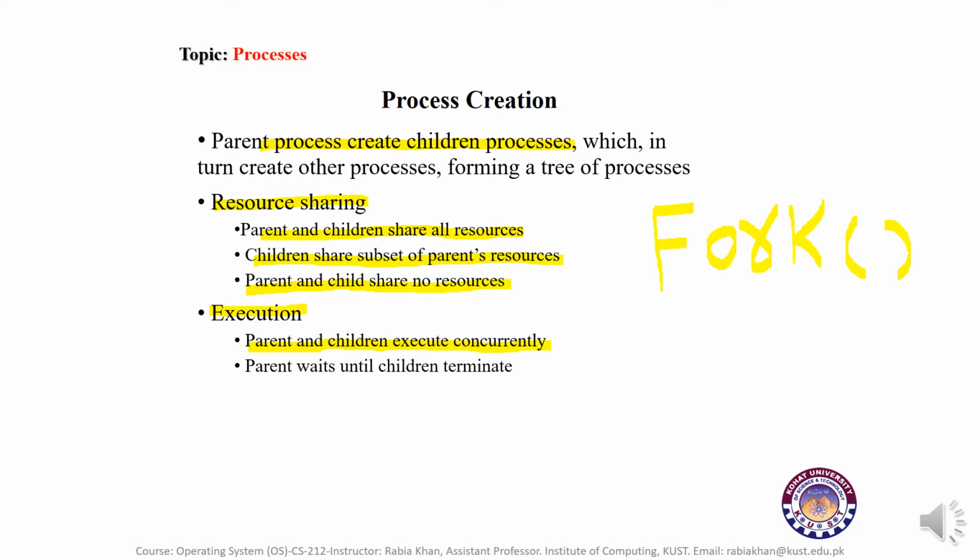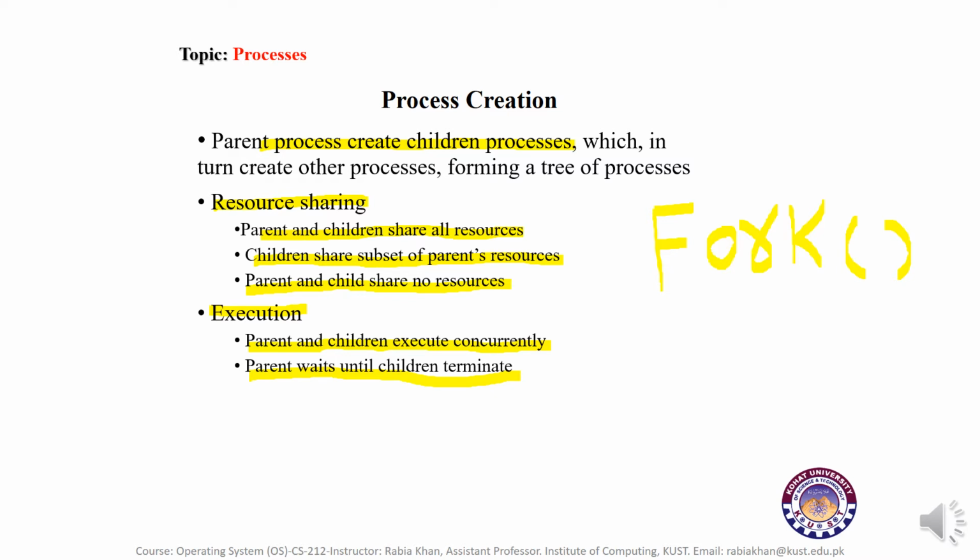And in some cases, you can first close the parent and the children processes will keep on executing. But in some cases, the parent needs to wait until the children get terminated. You cannot close the parent. If you close the parent, the children will get terminated.